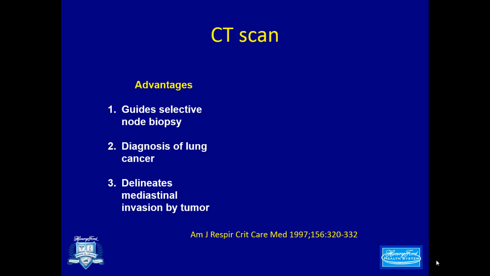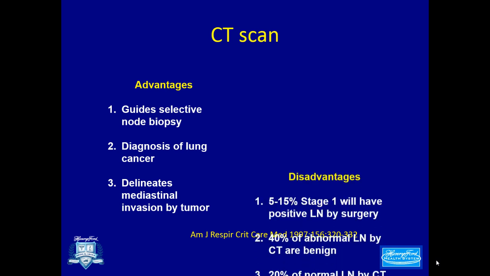In the diagnosis of lung cancer, it definitely helps to determine the T, whether this is a T1, a T2, a T3, and sometimes the M part of the metastasis, and it delineates mediastinal invasion by the tumor. Sometimes you have centrally located tumors that have invaded the mediastinum, and they can actually be T4, for example.